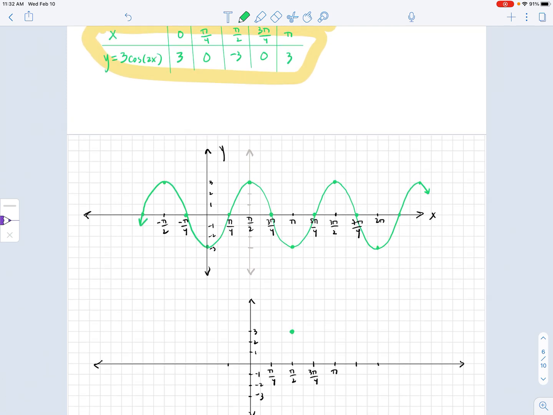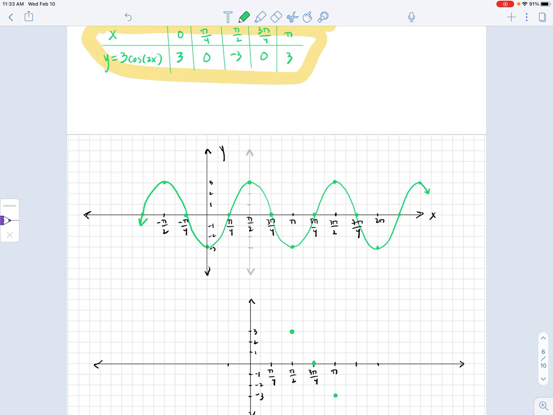Okay, then we would have the point pi over 4, comma 0. Shift that over to the right pi over 2 units, landing us at 3 pi over 4. Pi over 2, comma negative 3, shifted to the right pi over 2 units, lands us at pi, comma negative 3.